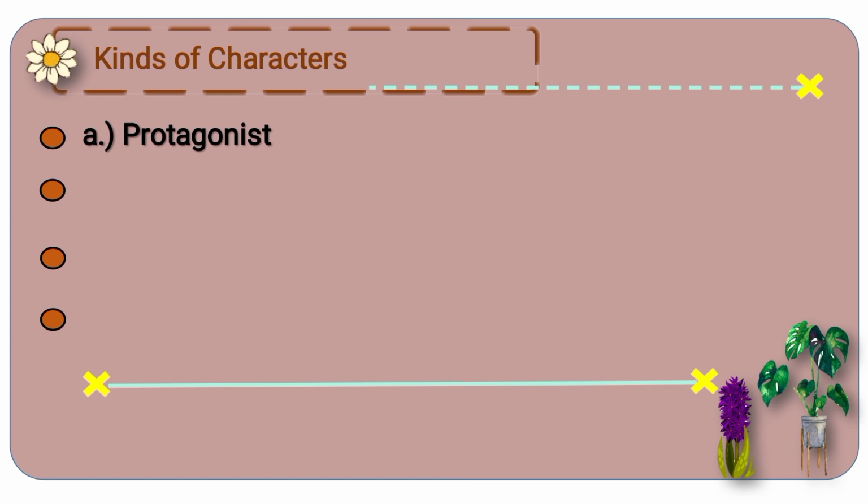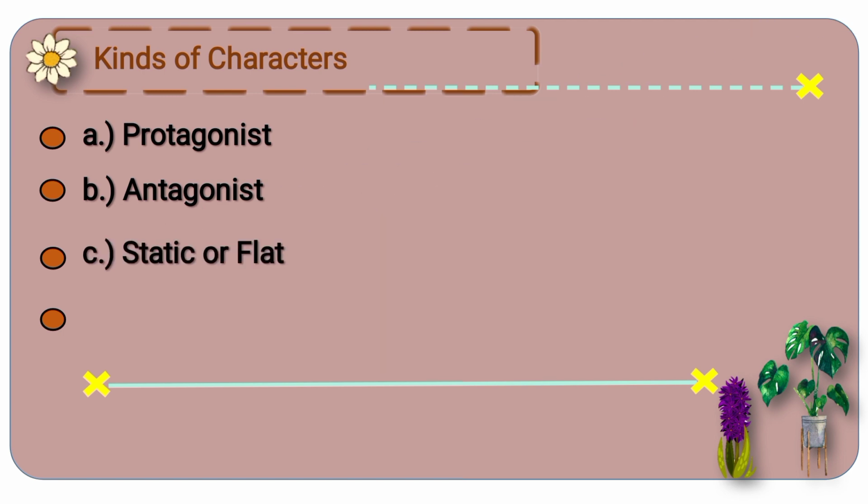So, yung protagonist natin ay siya yung bida sa ating kwento. Next is the antagonist, the character who provides some sort of contest or opposition for the protagonist. So, ito ay kilala natin bilang kontrabida na siyang kumakalaban sa ating bida. Sila yung tinatawag natin na antagonist.